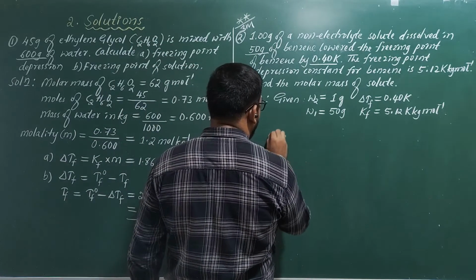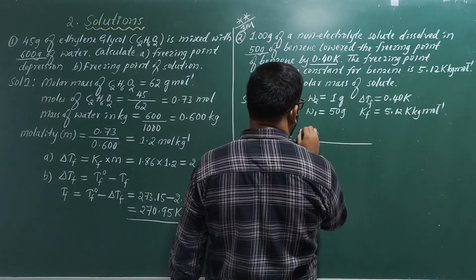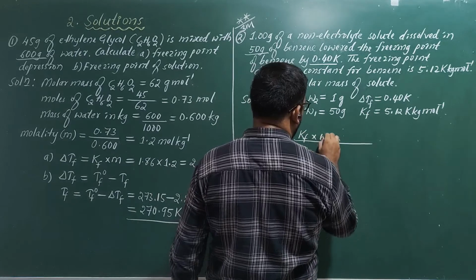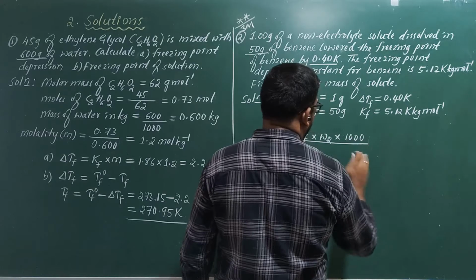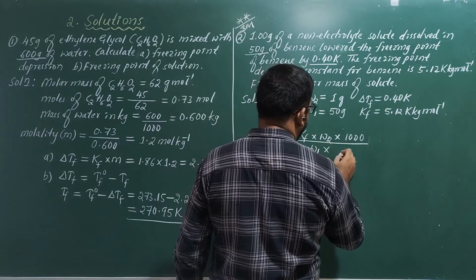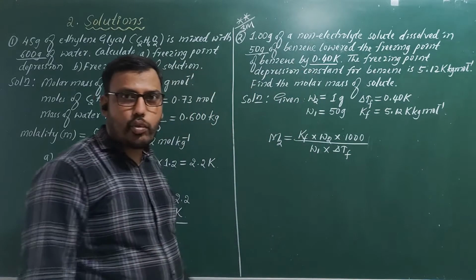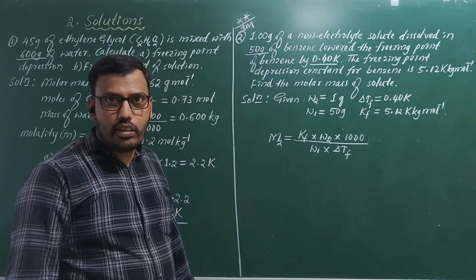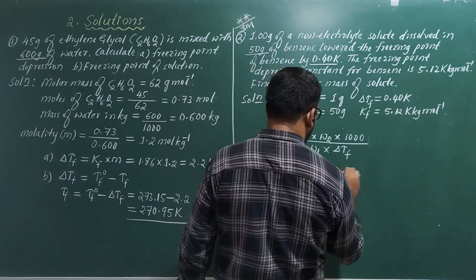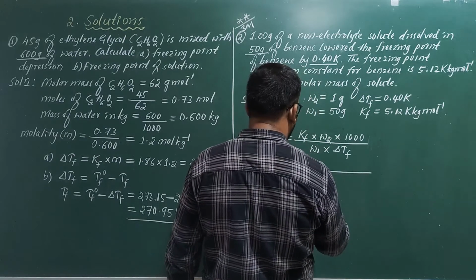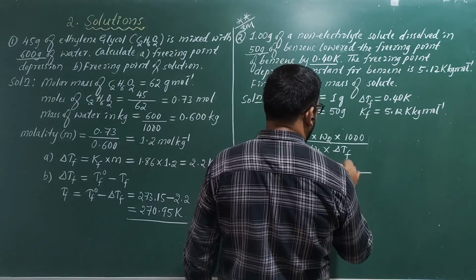So now, what is the formula to calculate M2 value? M2 is equal to KF into W2 into 1000 divided by W1 into delta TF. So this is the formula. So all the things are given, just substitute, you will get the value. Okay. So what is the value of KF? KF value is 5.12 into, what is the W2? It is 1000.